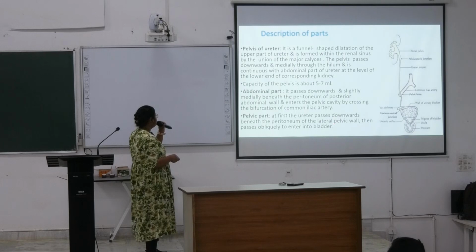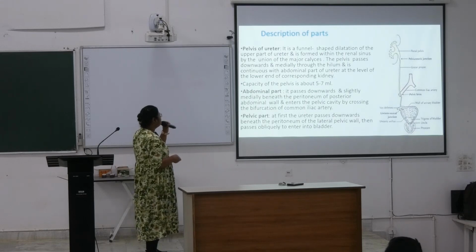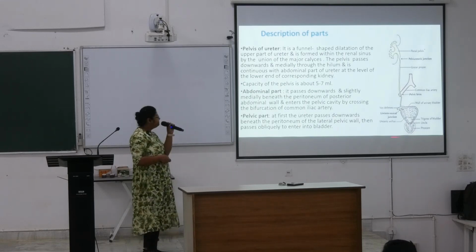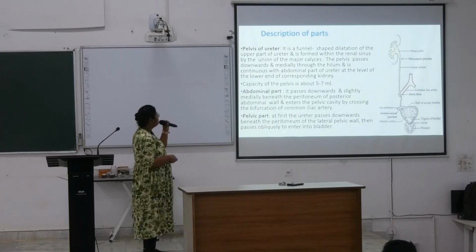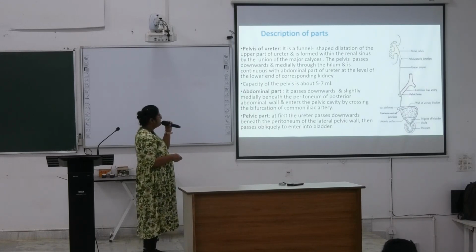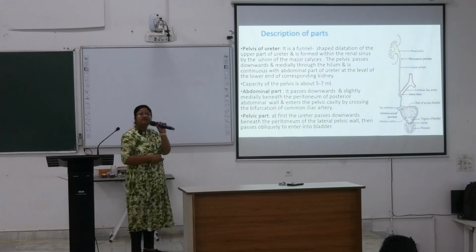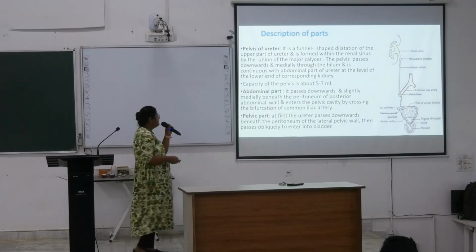At first, the ureter passes downward and beneath the peritoneum of the lateral pelvic wall and then passes obliquely to enter into the bladder. Here it is entering into the bladder. This part is the pelvic part. Okay, and near the pelvic brim, this part is lying. And junction between the abdominal part and pelvic part, where also the common iliac artery is dividing into external and internal iliac arteries.